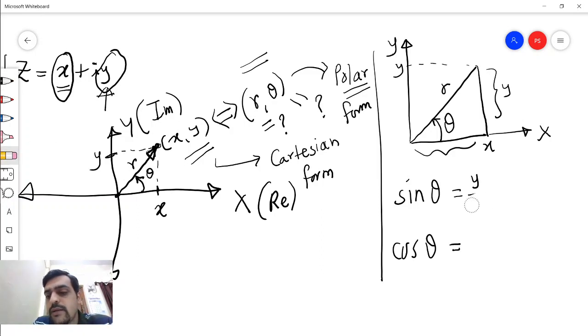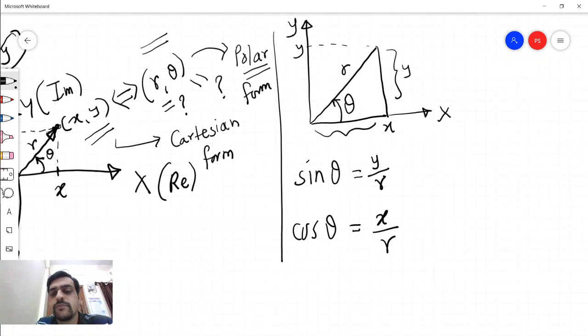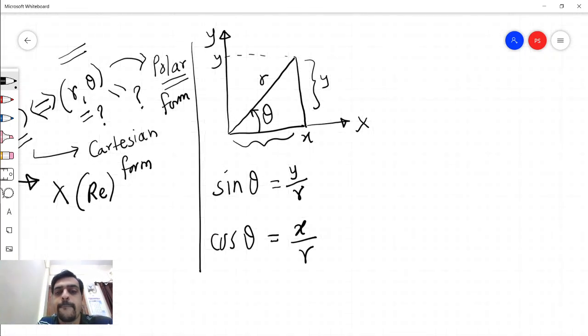Sine theta will be y by r, and cos theta will be x by r.